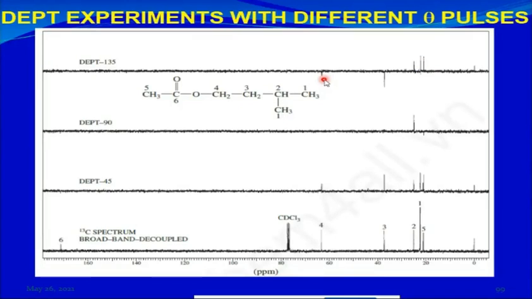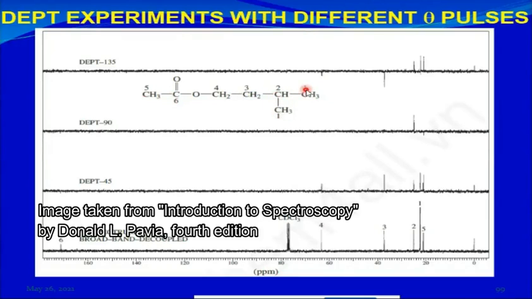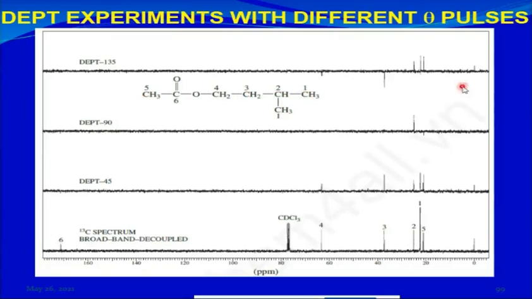So we should have 5 carbons with hydrogens. 1, 2, 3, 4, and these 2 will have one signal. So 4. 1, 2, 3, 4, and 5. Right? So we have 5 signals here. And you can see that 3 of these signals are in positive phase and 2 are in negative phase. And negative signals belong to the CH2. Remember, we have to differentiate between the CH3 and the CH2 here.